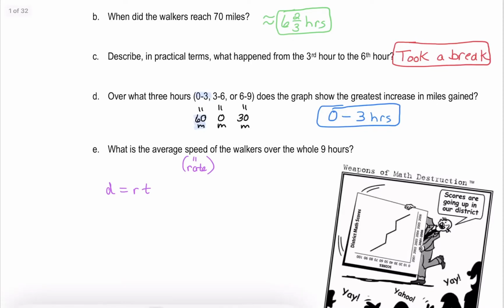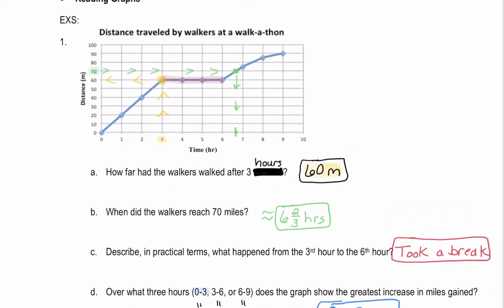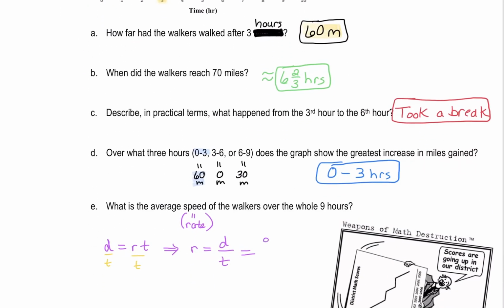So if we wanted to, maybe the first thing we would do is just think about solving this formula for r by just dividing both sides by the t. And so that's going to tell us that the r would equal that entire distance divided by time. Well, over the whole 9 hours, if we scroll back up, they achieved a total distance of 90 miles.